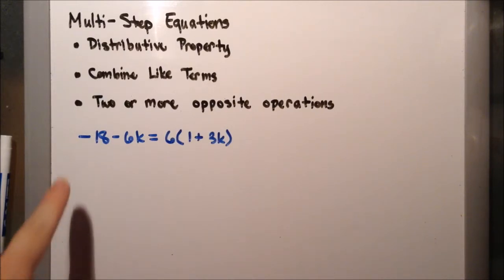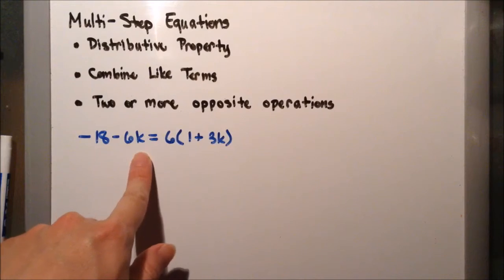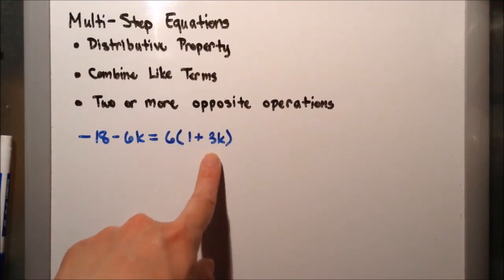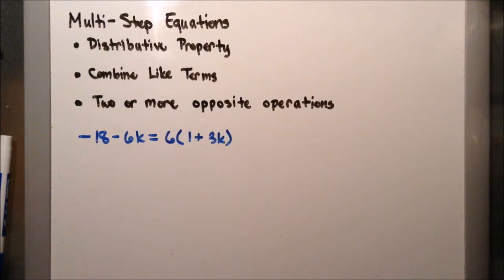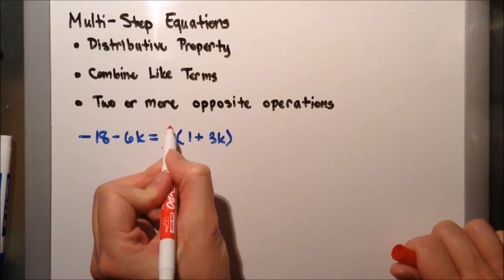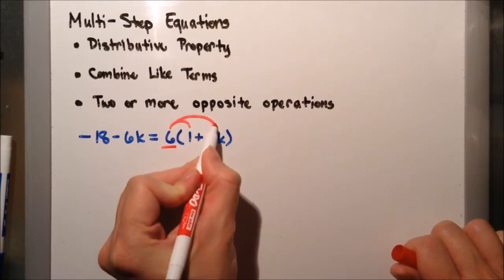We have negative 18 minus 6k equals 6 times (1 plus 3k). So, when we have something like that, first we look, do we have any sets where we can distribute? We sure do. We have a 6 that we can distribute inside the parentheses.